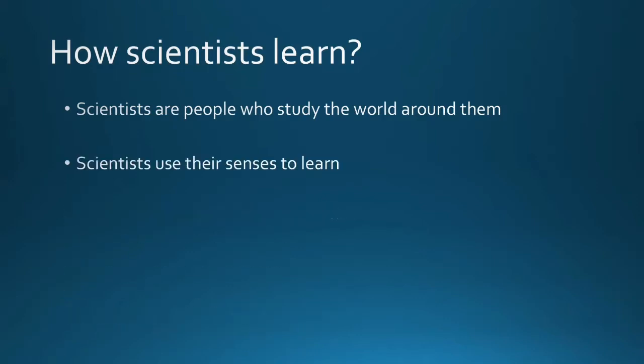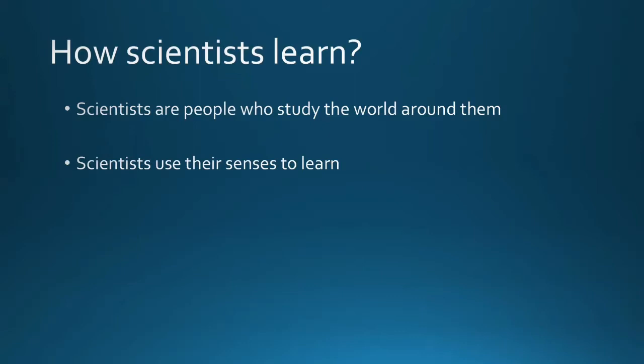Scientists, how do they study? They should use their senses to learn. You know that we have 5 senses. If you want to learn, if you are a scientist, you should use your 5 senses to study. Do you remember in the first lesson what we said?